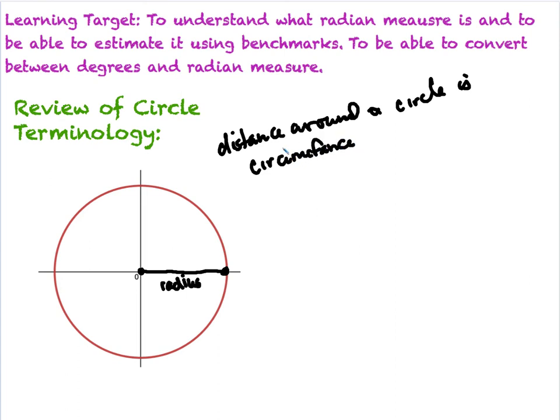And some of you may or may not be familiar with the idea that the circumference will always come out to be 2 pi r of a circle. And so that's going to become important as well.